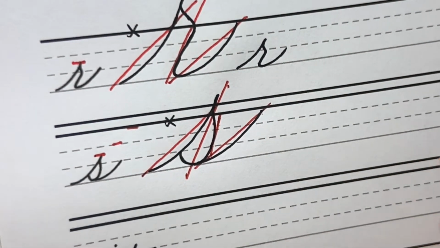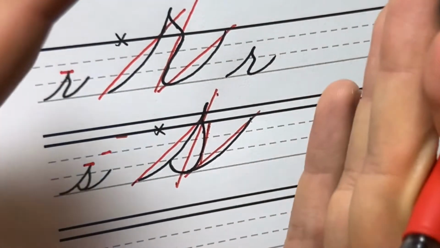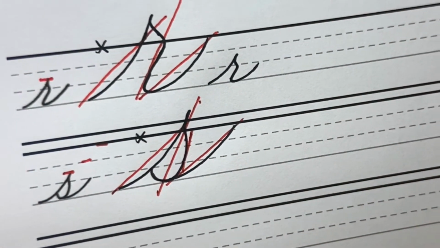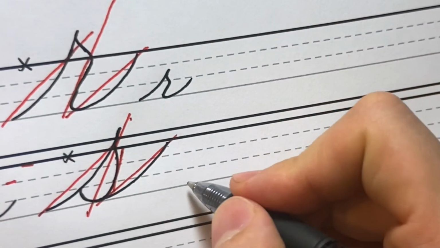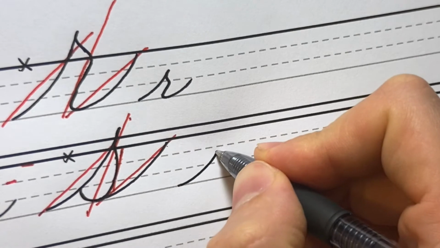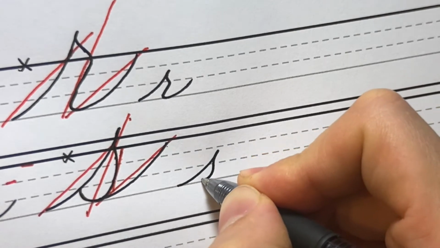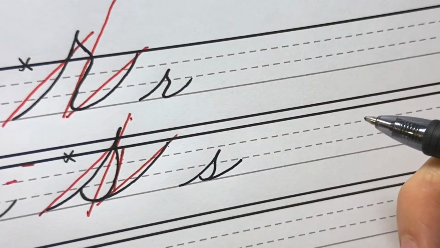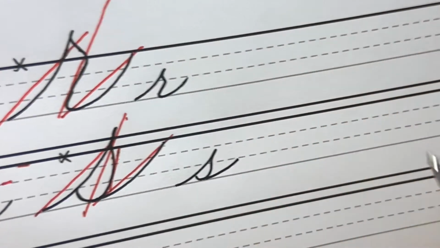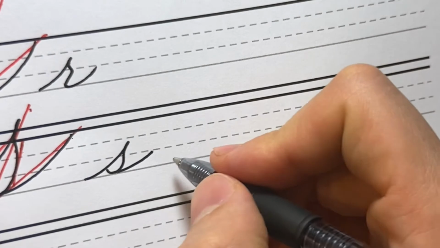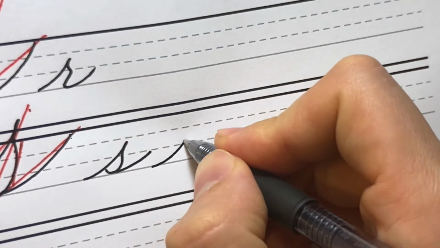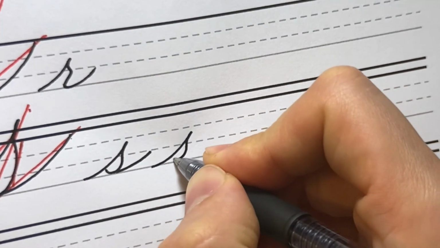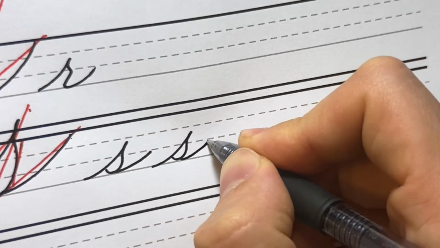The whole body you want going in that direction. All right, so let's make one at regular size. There you go. That entry might have got a little flat there. That's better.